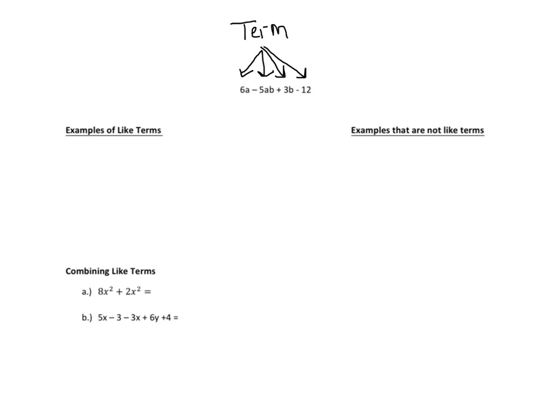And as I said, the subtraction sign stays with it as a negative. So we have 6a is a term, -5ab is a term, 3b is a term, and -12 is a term. If you miss those negatives, then you don't have the correct terms listed.